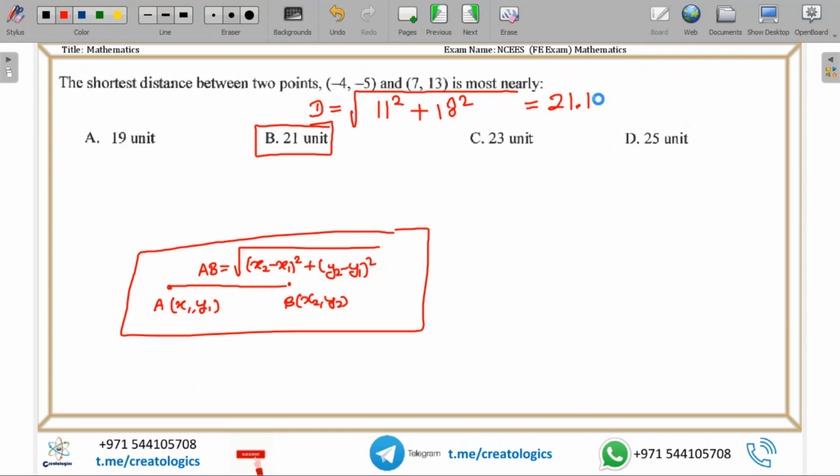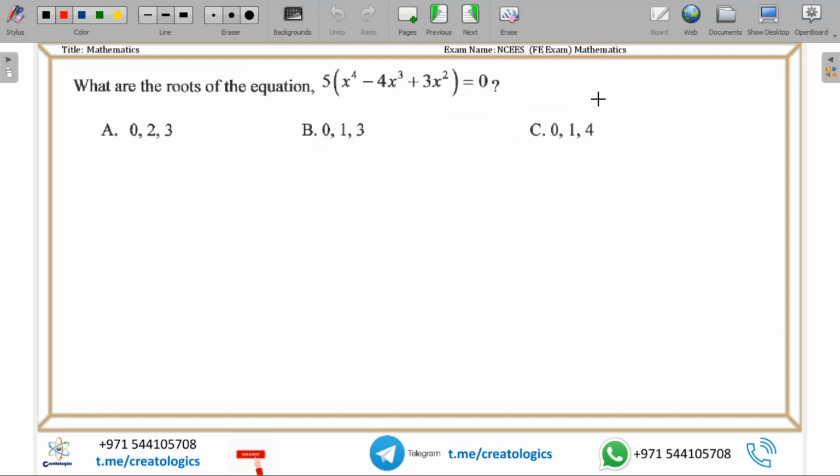Now, next question. What are the roots of this equation? Actually, no need to solve this question. If you know how to use your calculator, you can solve this equation in seconds. Just solve this as a 4th degree equation, or you can do it as a quadratic.